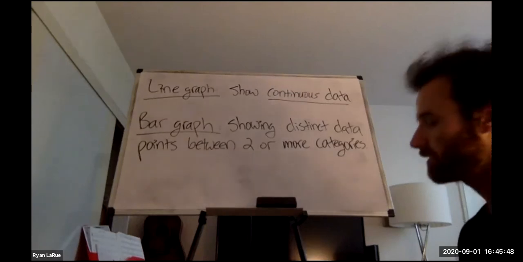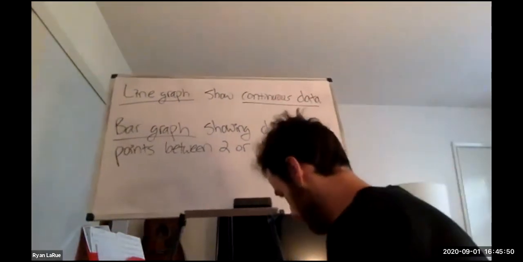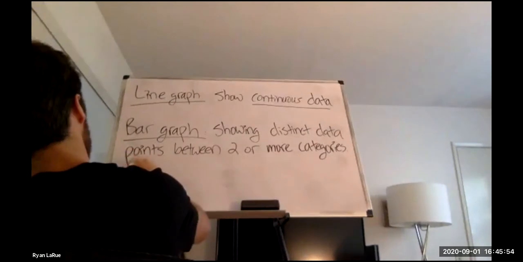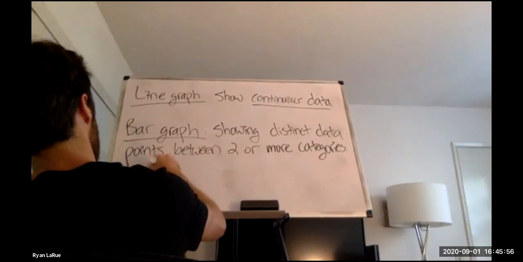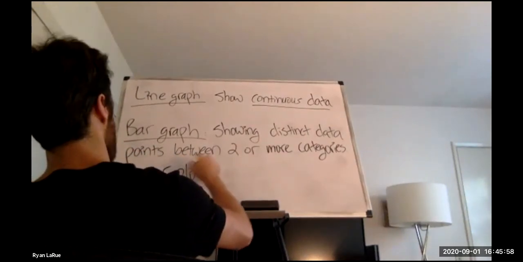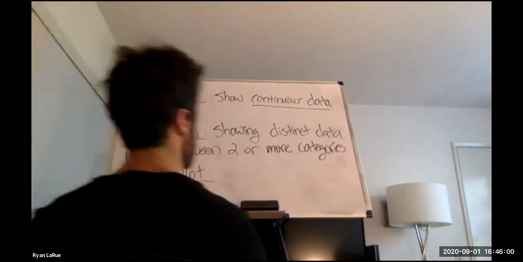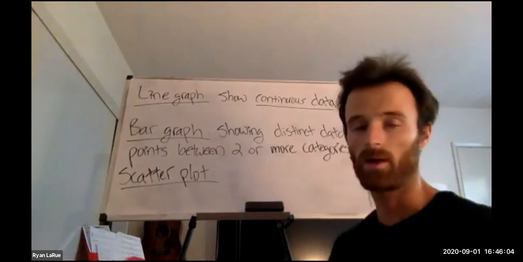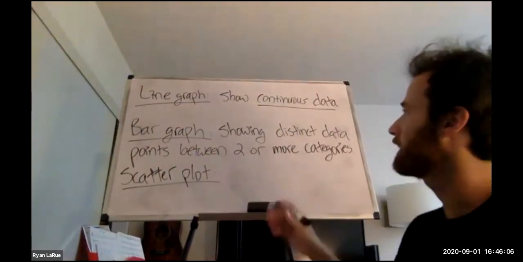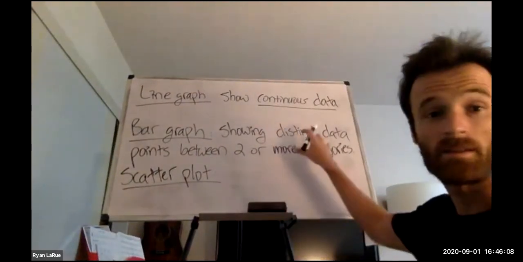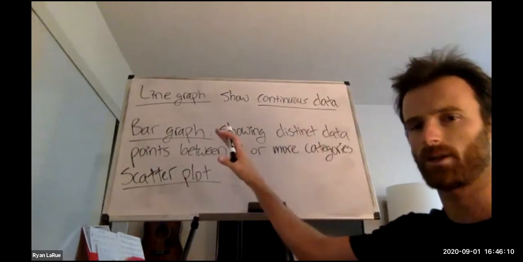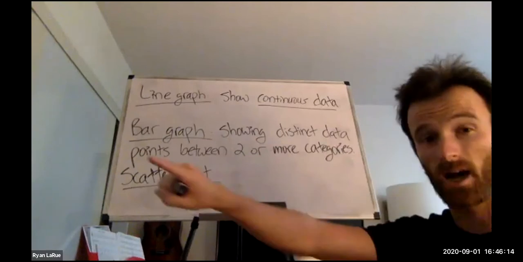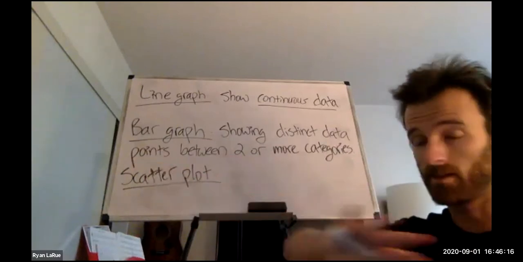And the last kind of graph that you'll encounter is a scatter plot. Maybe I should mention that in the bar graph, it is distinct data. It's not continuous by any means. Continuous data you're measuring over time, it's just continuous.